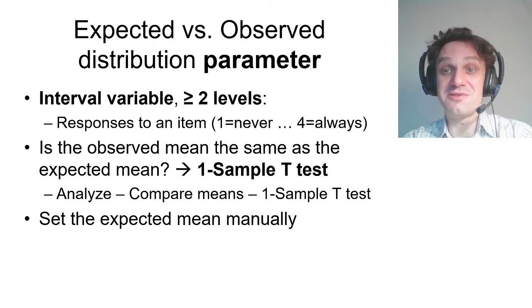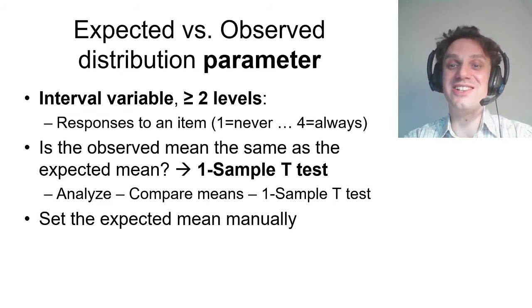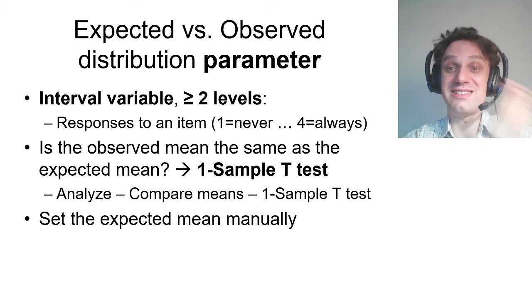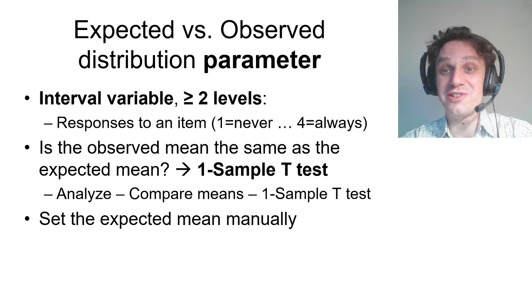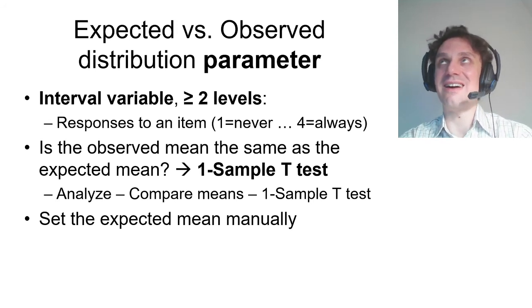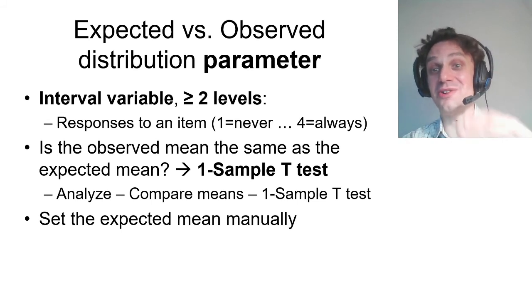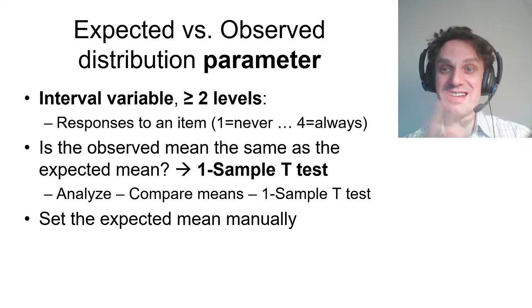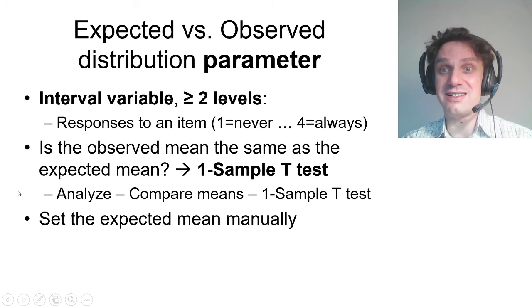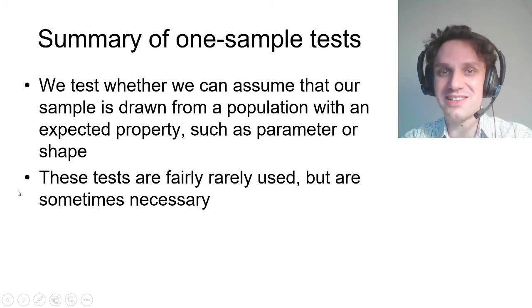For example, you have a response scale from 1 to 4, and you can test the hypothesis whether the responses on your scale are different from an expected mean, which would be 2.5. Sociologists sometimes use these tests to make an argument that people are more likely to agree or to disagree with a particular item. In psychology, we don't really use this often, but in principle, sometimes you can encounter it.